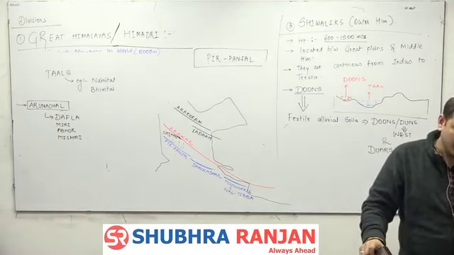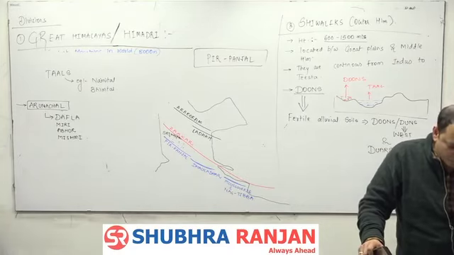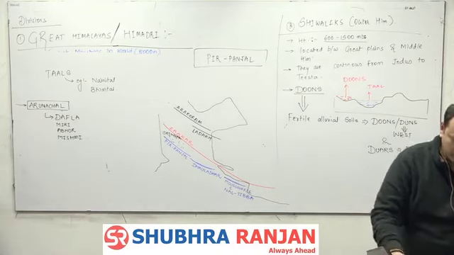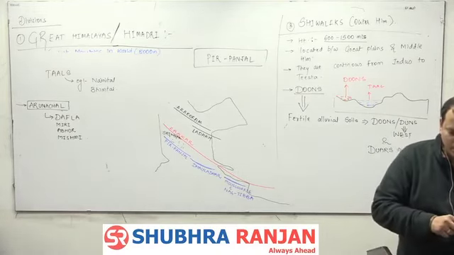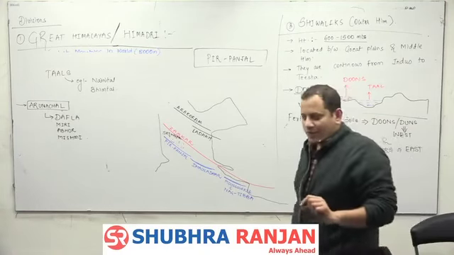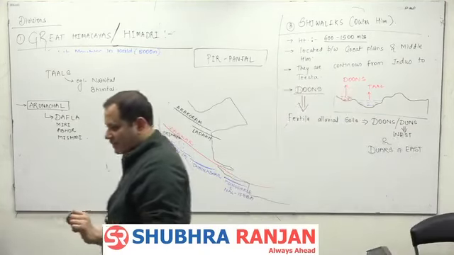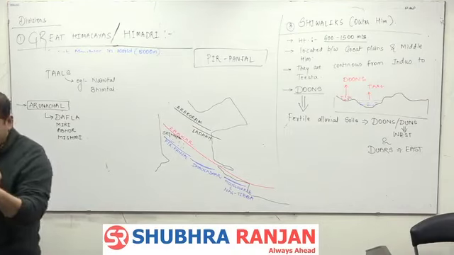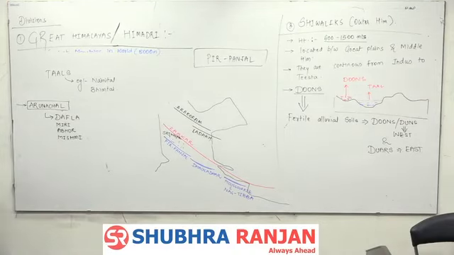Open the Northeast India map. So we have already done Patkai, Naga, Manipur, Mizo. क्या है ये?